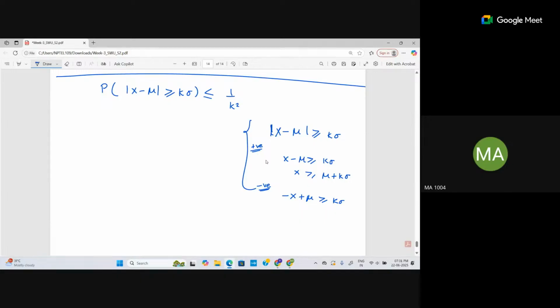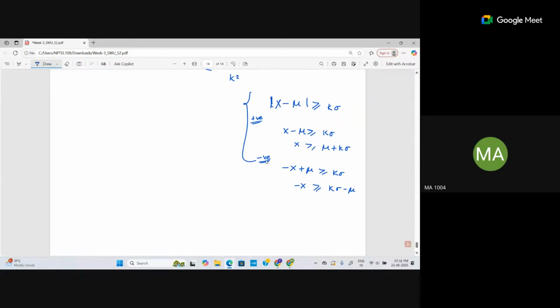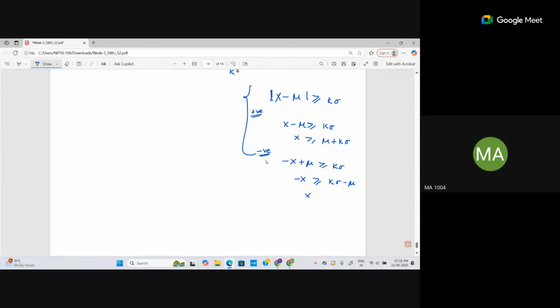So it will become... we are just transferring this minus sign. Clear? Yes, it's clear. So it is like x is between mu minus k sigma and mu plus k sigma.